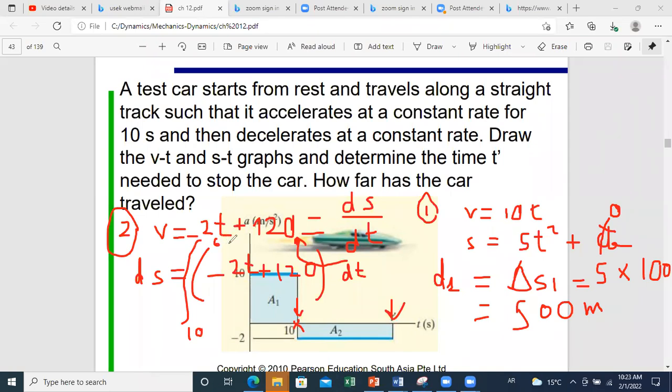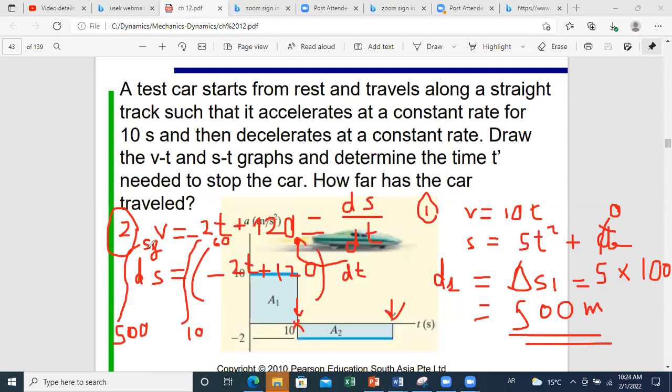While for ds here, at 10 seconds, the position s corresponds to the end of phase 1, which is 500 meters. So I should integrate between 500 and s2. S2, or s final if you want, is the final position s, which represents then the total distance.